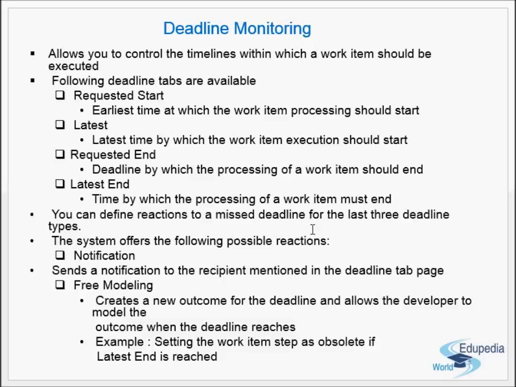The following deadline types are available: requested start, latest start, requested end, and latest end. The requested start is the earliest time at which the work item processing should start. Latest start is the latest time by which the work item execution should start. Requested end is the deadline by which processing of a work item should end.